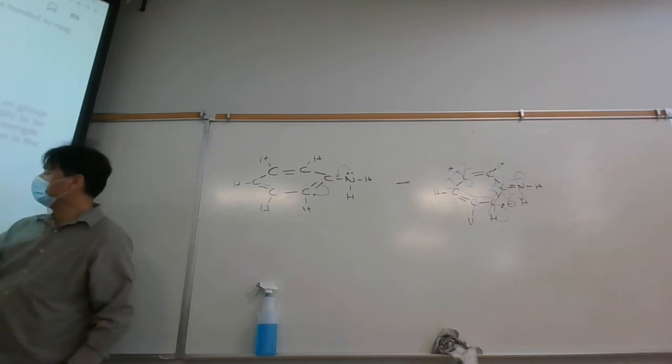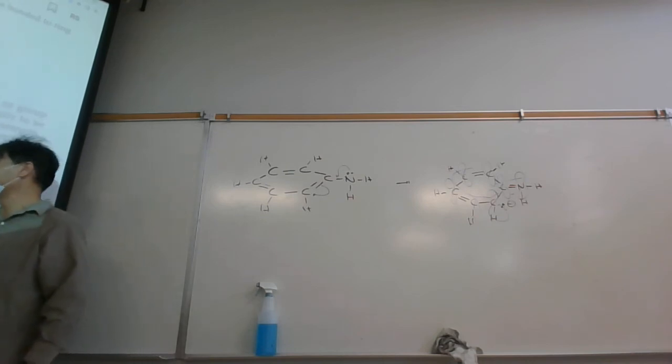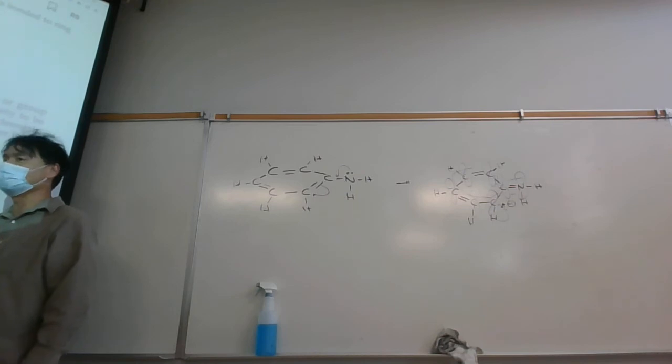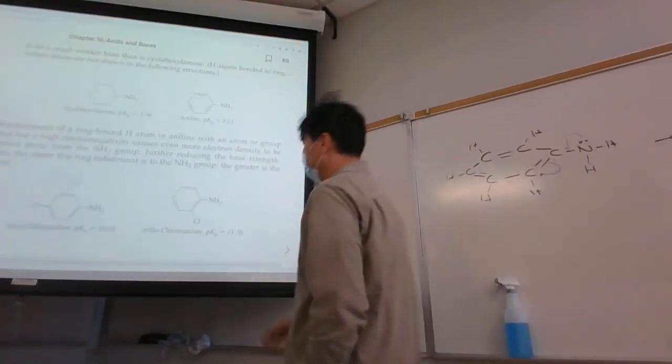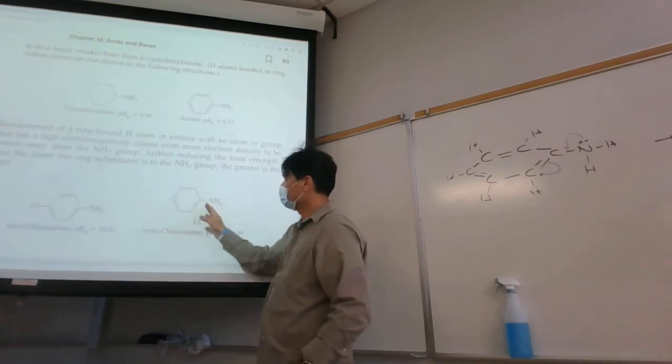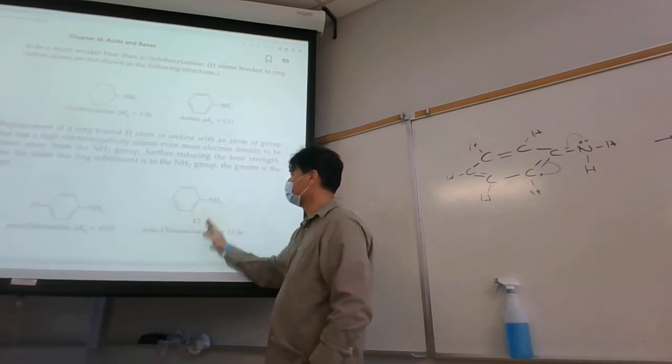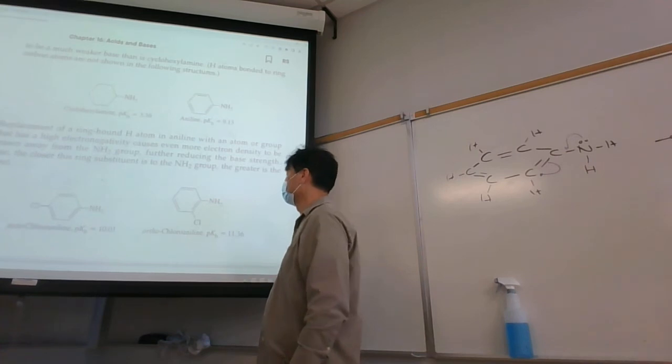And so if we throw on a chlorine on the benzene, benzene's already an electron withdrawer, but with a chlorine attached to it, is it going to be a better electron withdrawer or worse electron withdrawer? Well, chlorine's electronegative, so chlorine is going to pull electron density towards it, which is going to take electron density away from the benzene ring, so it's going to make it an even better electron withdrawer.